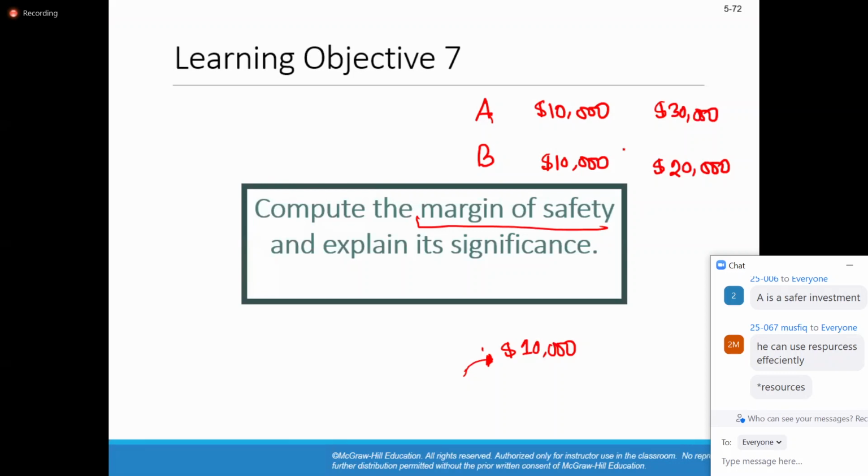So in that sense, A is in a safer position.